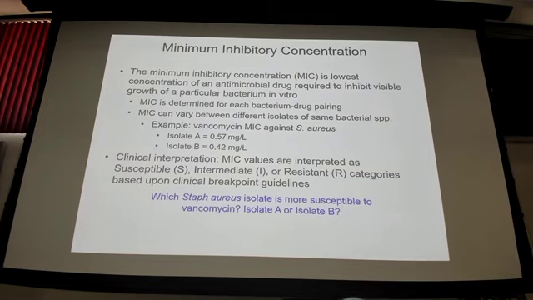Yes, ma'am? Is there some sort of universal antimicrobial drug that has all kinds of mechanisms to target the different types of viruses or bacteria, or does each attack just one particular pathway? We're talking about antibiotics, let's say bacteria for the purposes of this lecture, although there are antivirals and antiparasitics and antifungals as well.